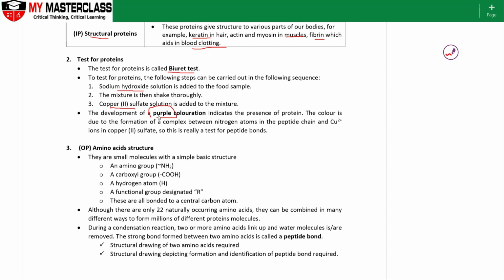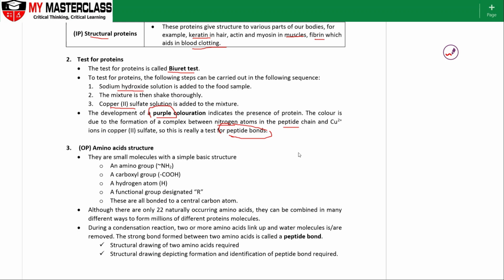This purple coloration is because the copper ion in the copper II sulfate solution that you added in step 3 forms a complex, meaning it combines with the nitrogen atoms in the polypeptide chain. So essentially we are testing for peptide bonds present in all protein components, but not specifically for protein itself.